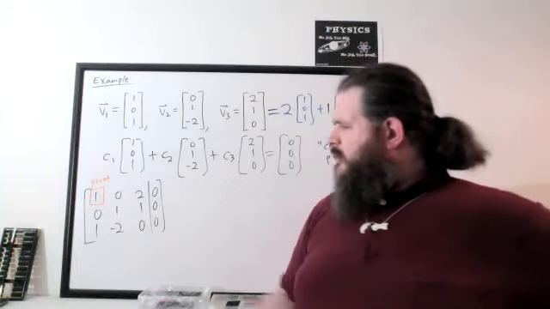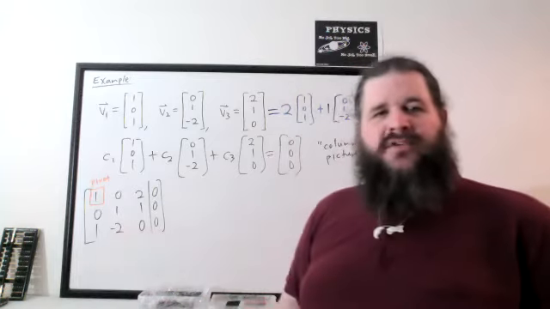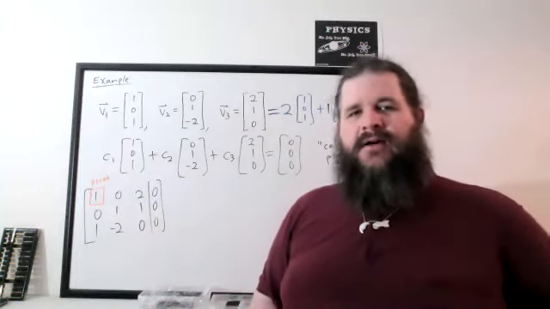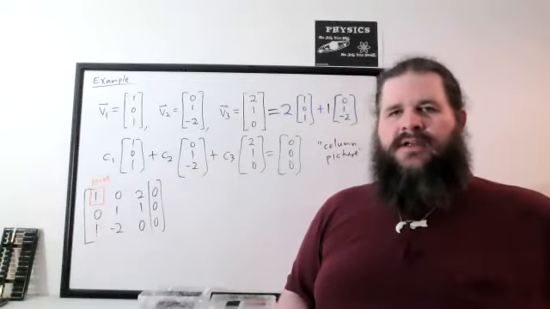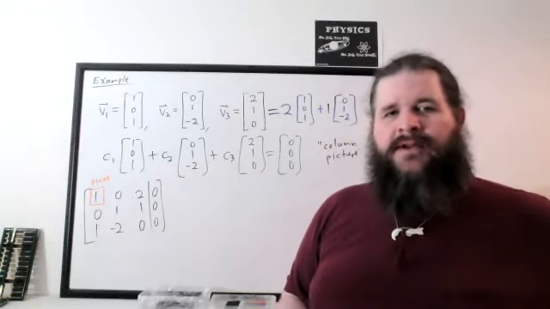Multiplying by 0 would turn this into a 0, but the problem is that loses information. If you multiply an entire row by 0, you're getting rid of all the information from that row, and we don't want to do that.